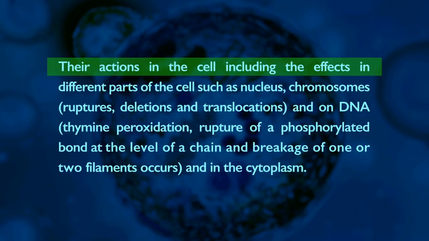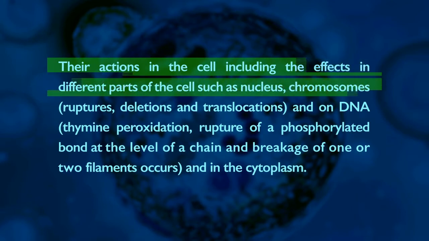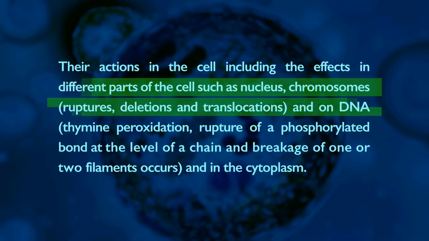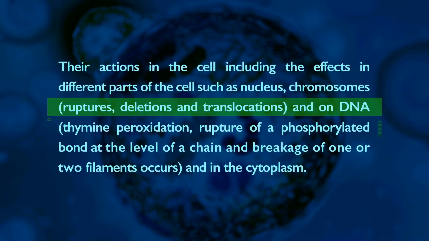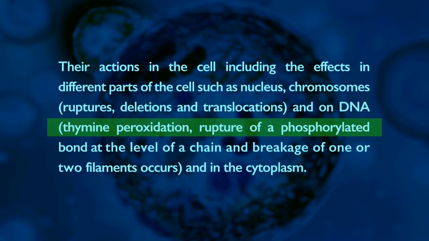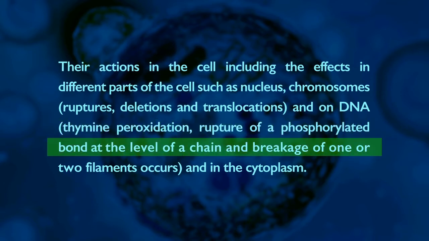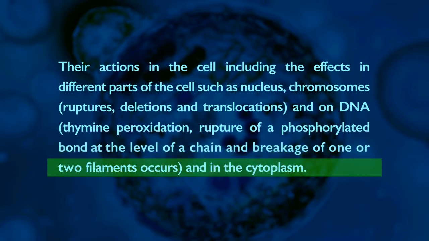Their actions in the cell include effects in different parts of the cell such as the nucleus, chromosomes, in which case ruptures, deletions and translocations occur, and on DNA where thymine peroxidation, rupture of the phosphorylated backbone at the level of a chain and breakage of one or two filaments occurs, and in the cytoplasm.